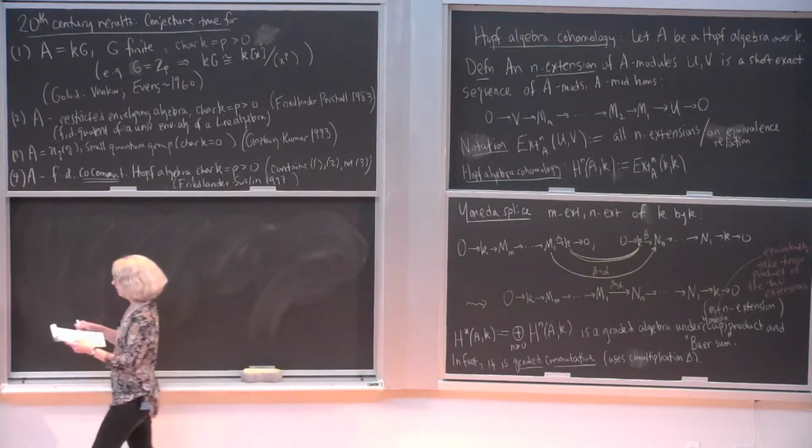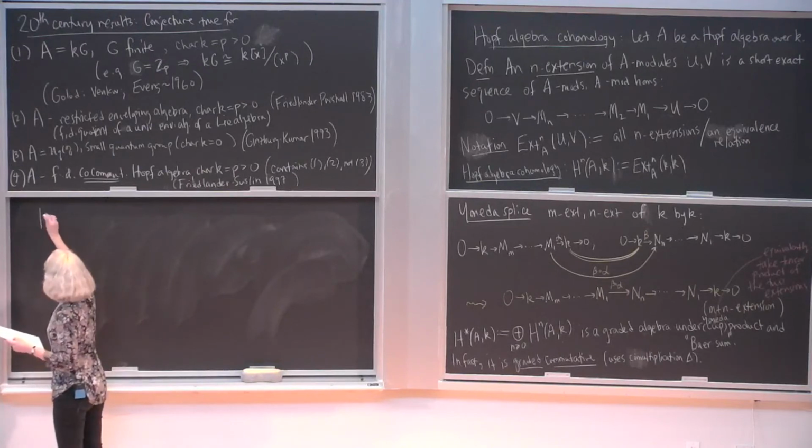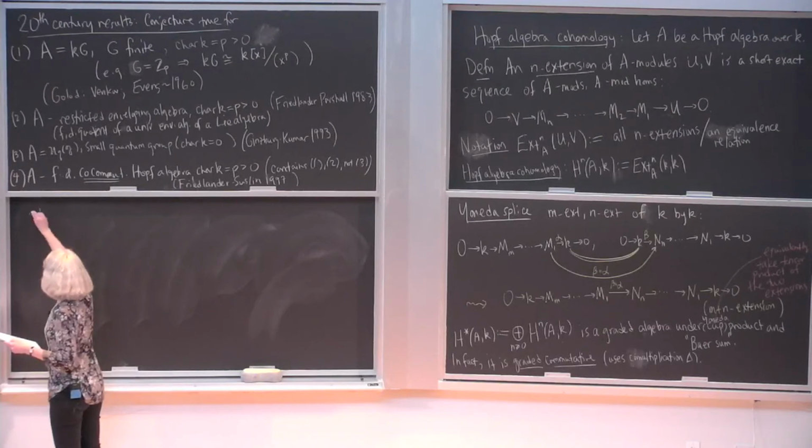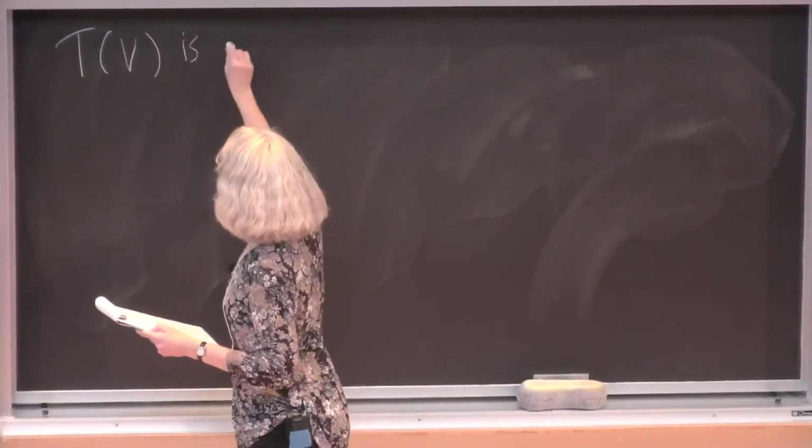Okay, so suppose I have a Yetter-Drinfeld module, then it's a fact that the tensor algebra on V is a braided Hopf algebra.